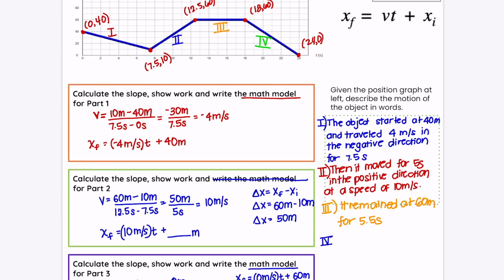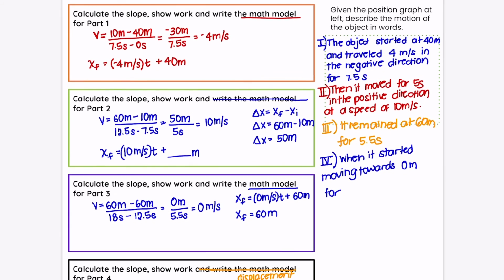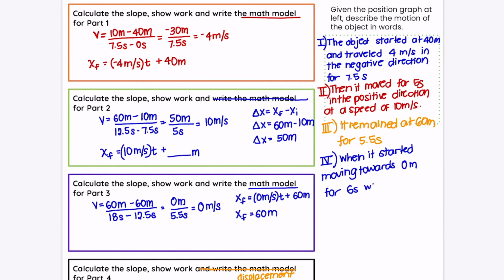So for part 4, when it started moving again, it started moving towards 0 meters for 6 seconds, with a speed of 10 meters per second in the negative direction.